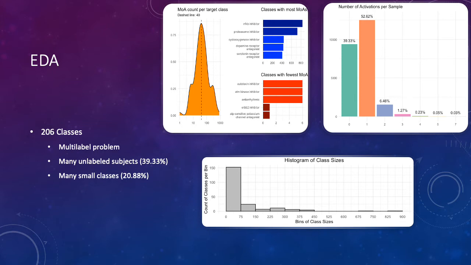Some are really dense, with 800, and some have really few, just one or fewer than 10. At the bottom, you can see the distribution of the class sizes. On the left side you can see that most have under 75 subjects, so there's a really skewed distribution, and that's going to be hard to model.